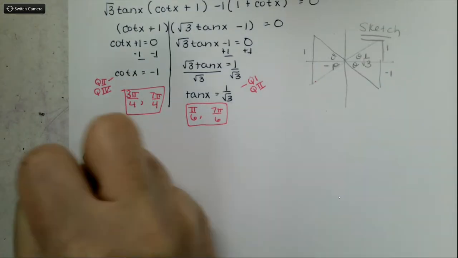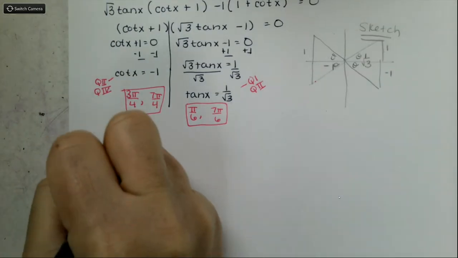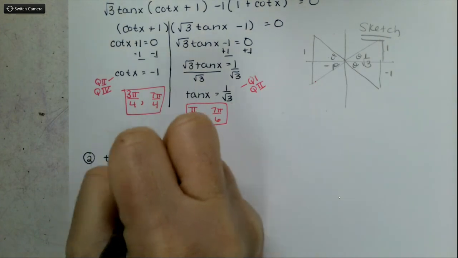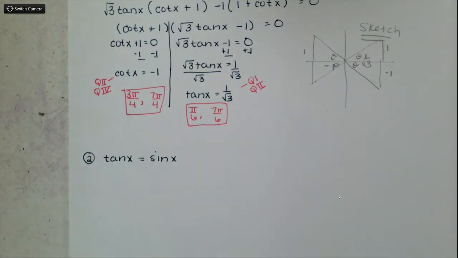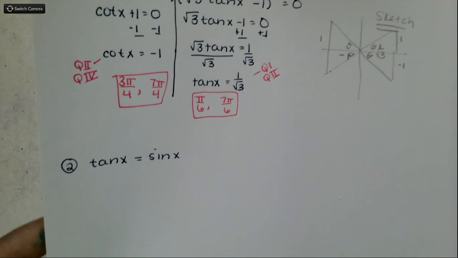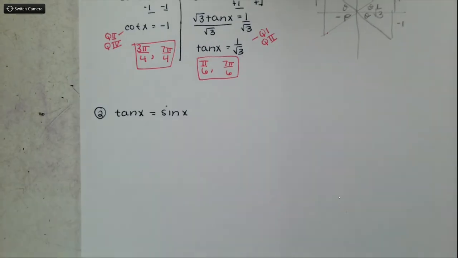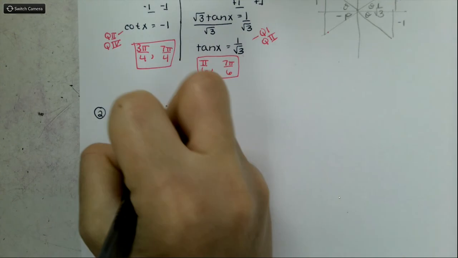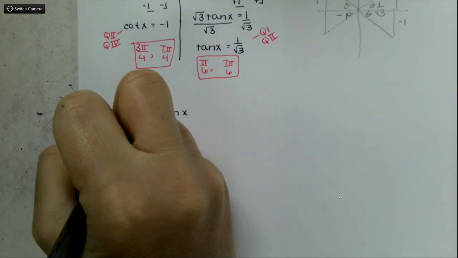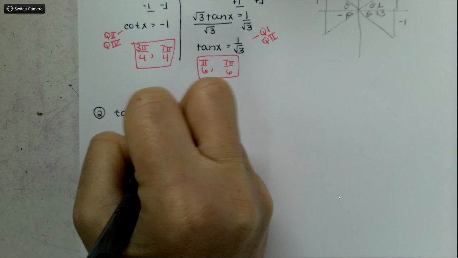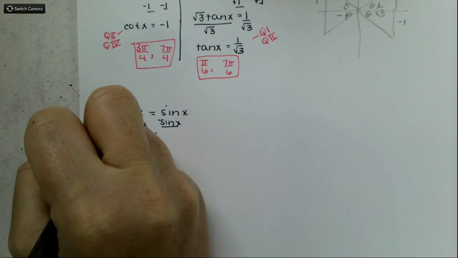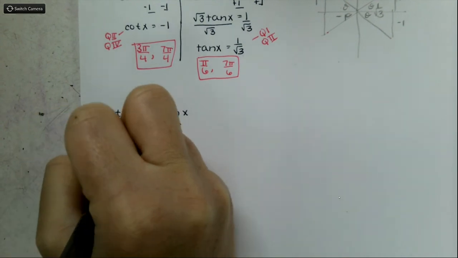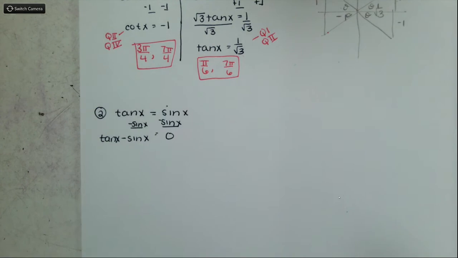All right, we have tangent x equals sine x. Remember, the instructions for solving were most of the time to get it equal to 0. So we're going to subtract sine x from both sides. So on this side, we have tangent x minus sine x equals 0.